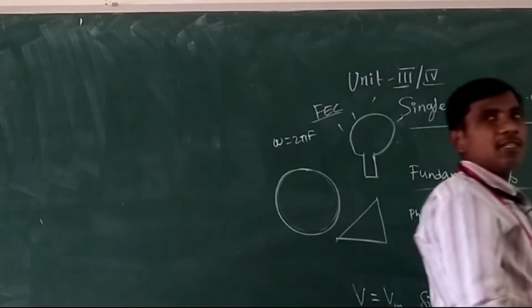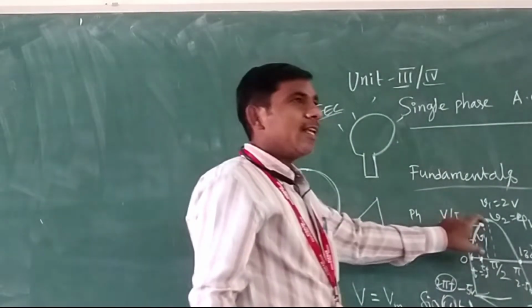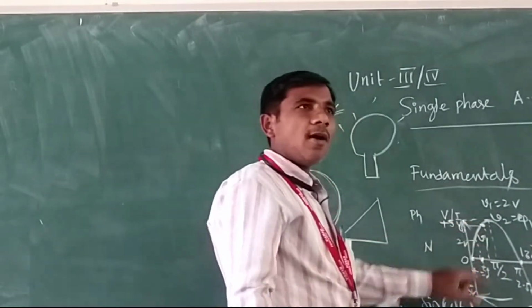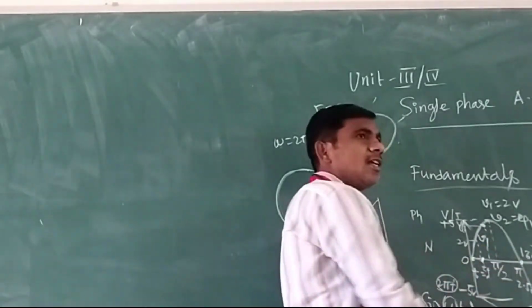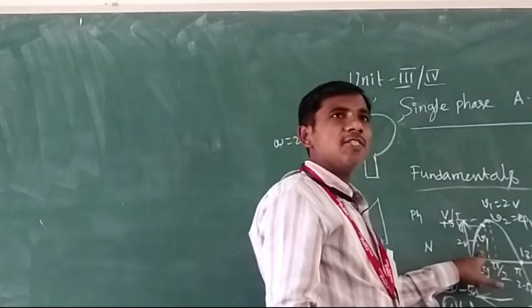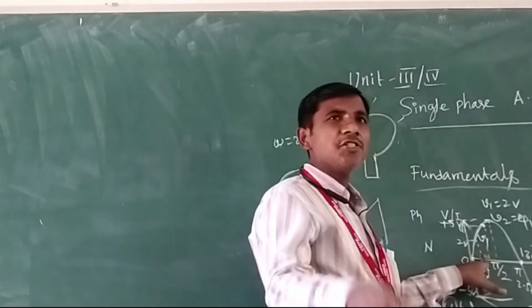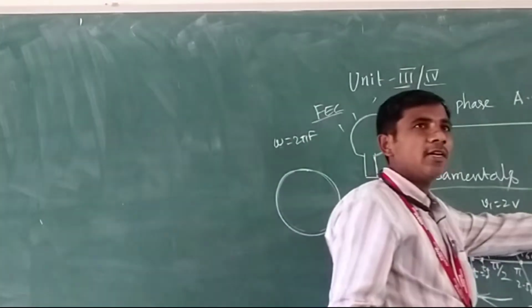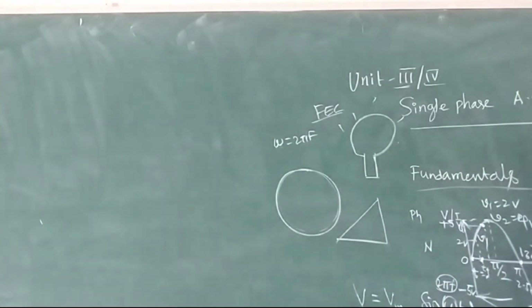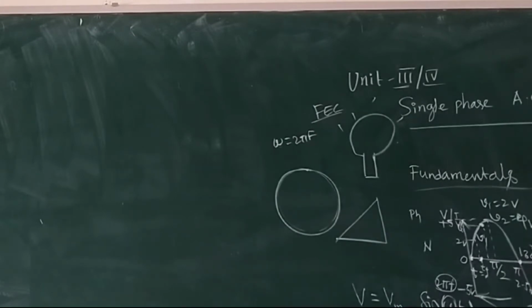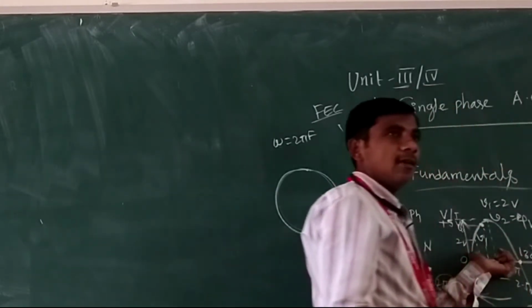The instantaneous value is defined as the value of the signal or voltage at a particular instant. That value is called the instantaneous value of the voltage signal.